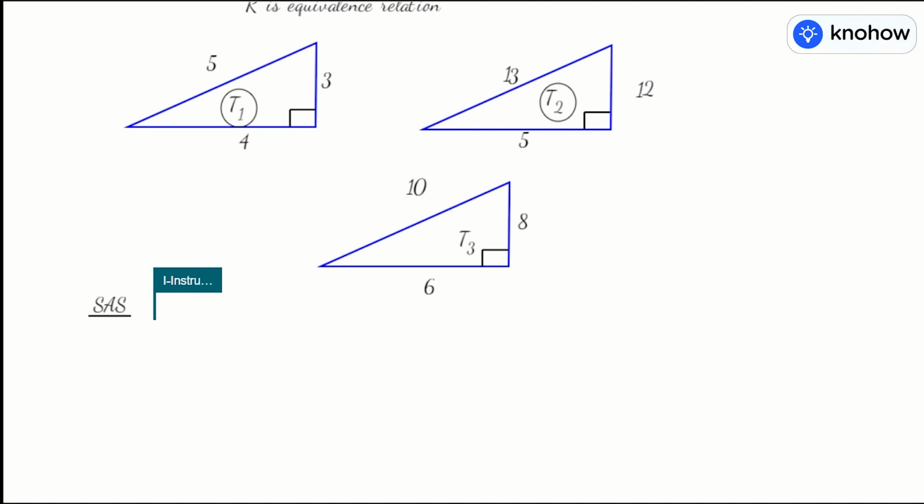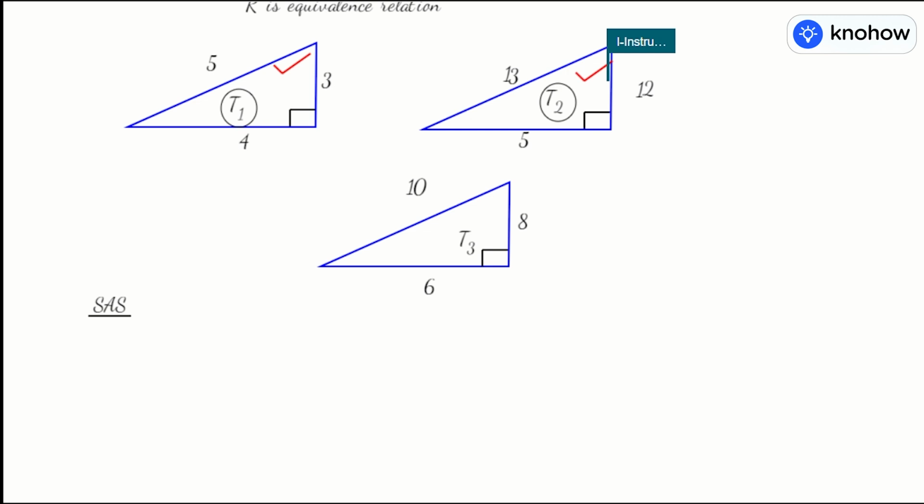So let me take the case of T1 and T2, to check whether they are similar or not. Of course, both are right triangles. Now let us take the ratio of the corresponding sides.